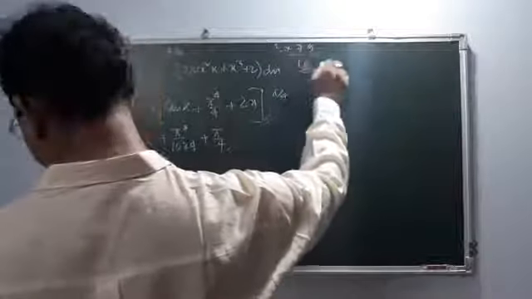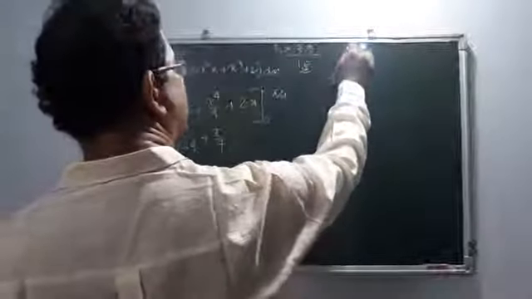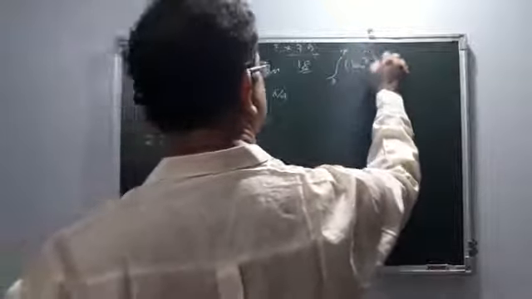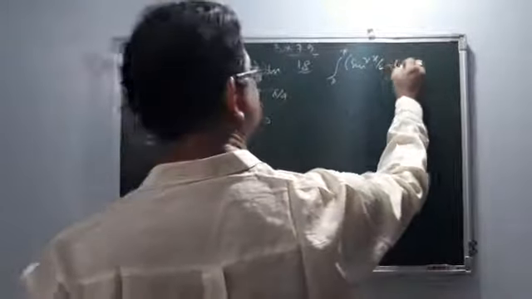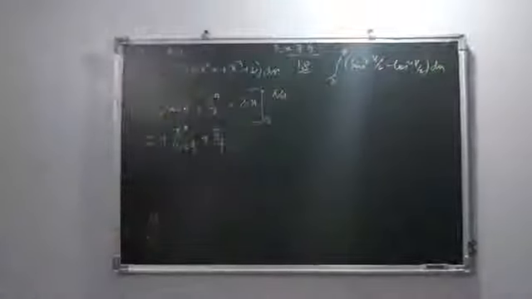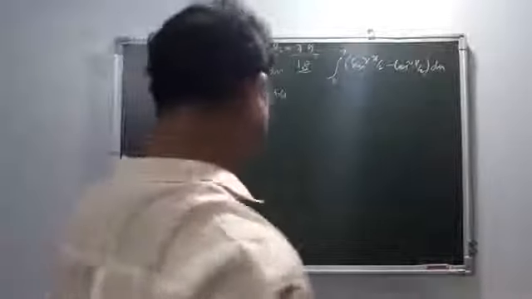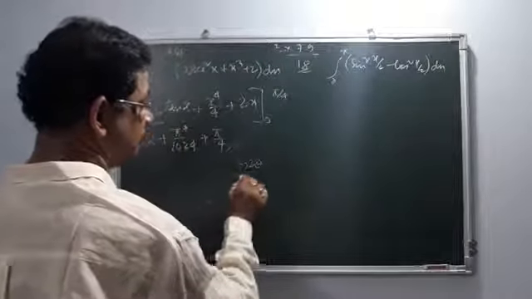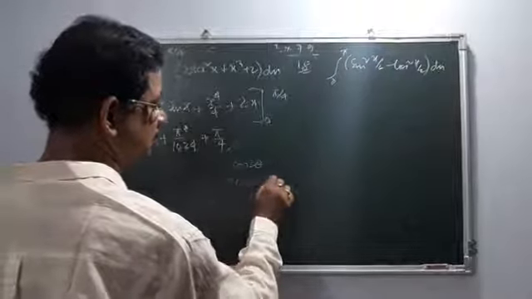Now question number 18. Integration 0 to 180 degrees of sin square x by 2 minus cos square x by 2 dx. So we have one formula, that cos 2 theta is cos square theta minus sin square theta.